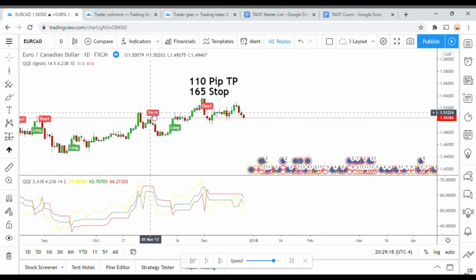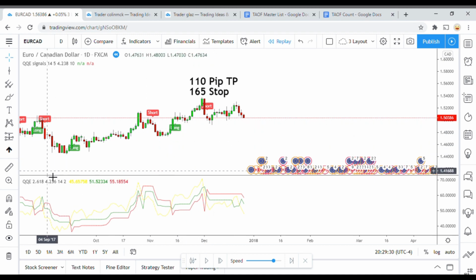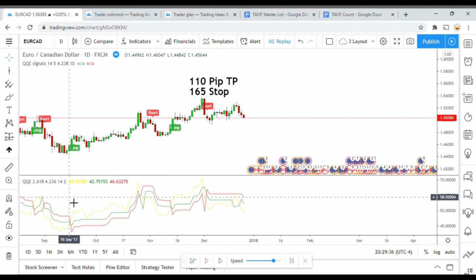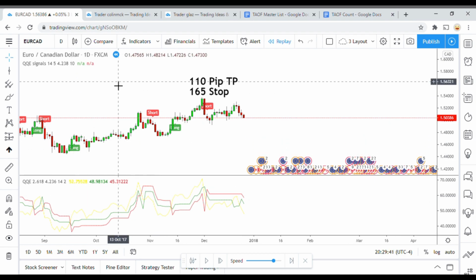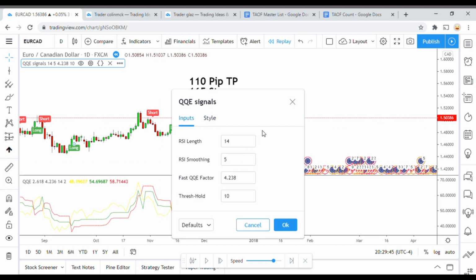Where the price action has these tags on it for short and long, that is the QQE signal indicator. And then down here at the bottom, I have the actual QQE, so you can see what it looks like.